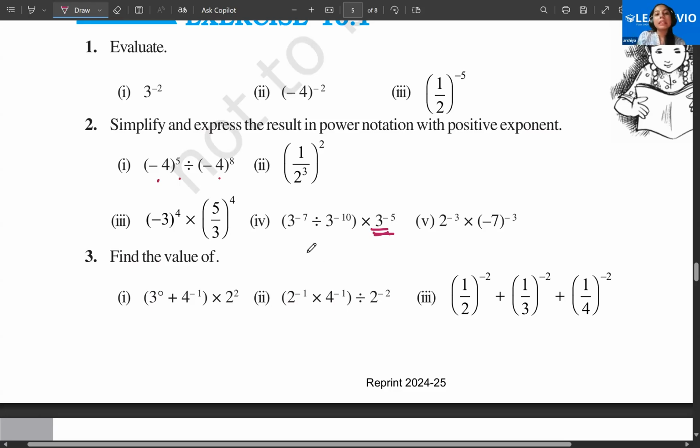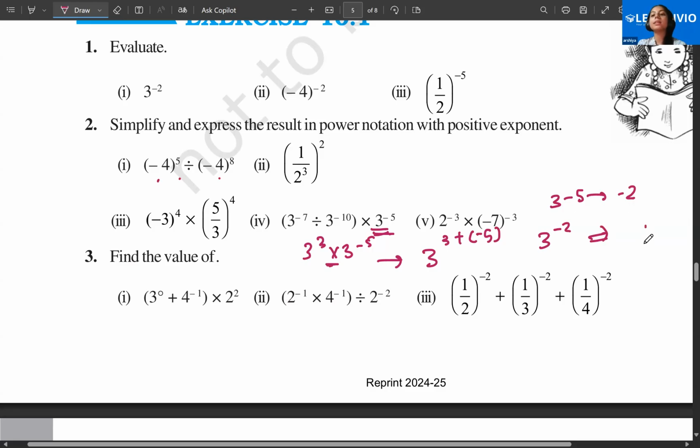So this will be 3 raised to the power of 3 multiplied by 3 raised to the power of minus 5. Now we will add the powers. Why? Because in this multiplication the bases are same. So 3 raised to the power of 3 plus minus 5. Plus minus is minus. So 3 minus 5 will be negative 2. So your answer will be 3 raised to the power of negative 2.